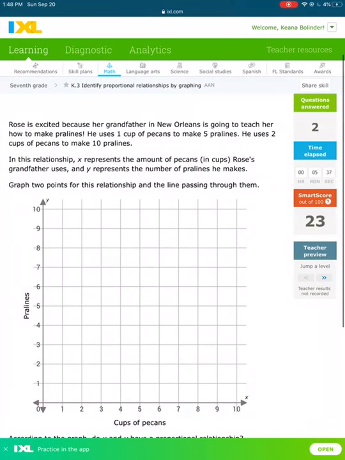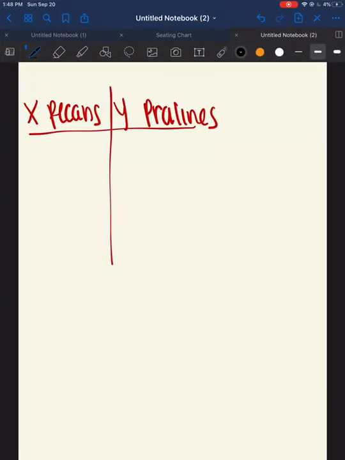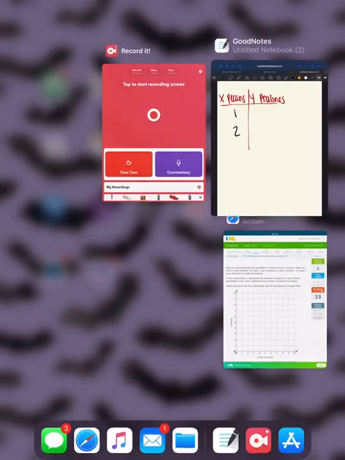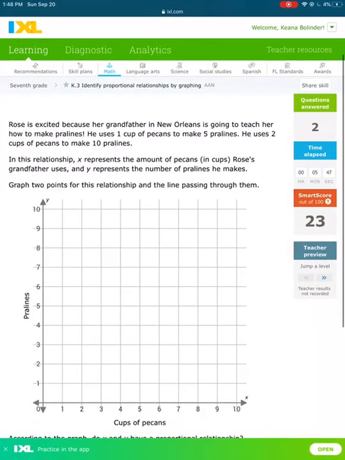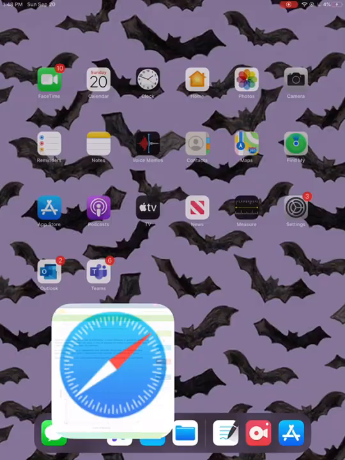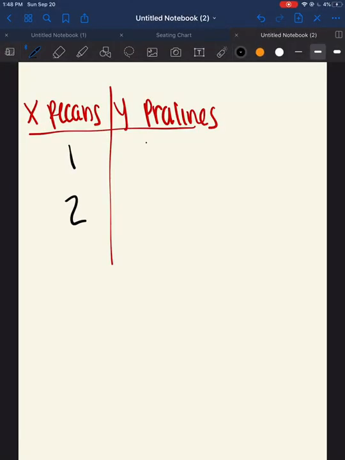He said that 1 cup, and then we have 2 cups. So we have 1, 2, and then we have pralines 5 and 10. Okay, so to make a point, once again, it is x, y.